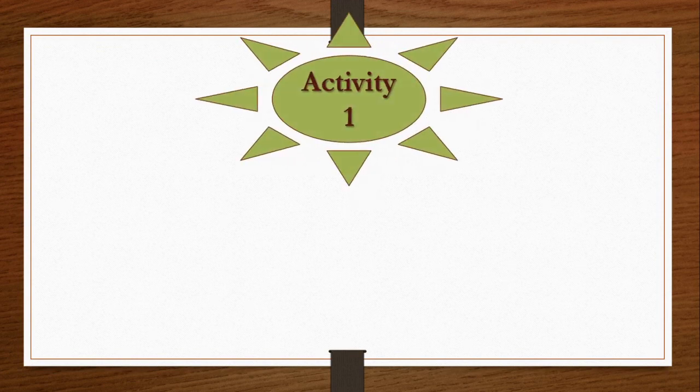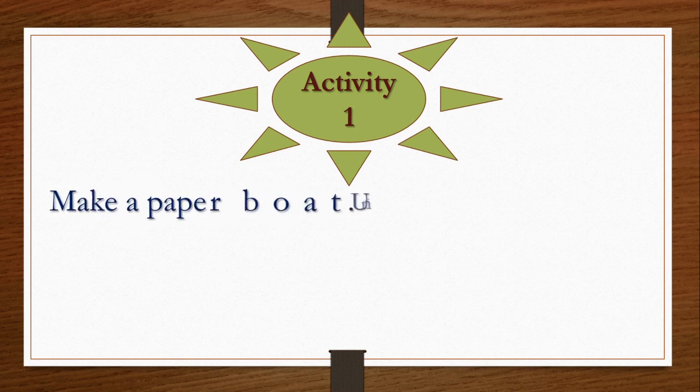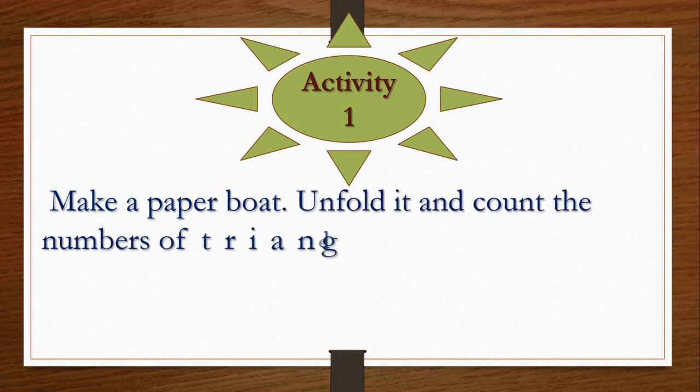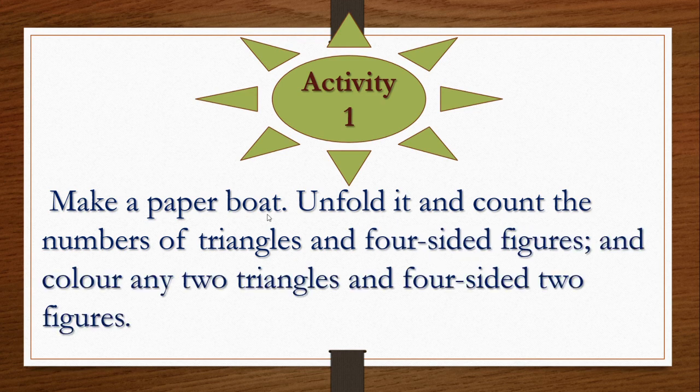Here, some activity we are going to do now. Activity number 1. See here what to do. Make a paper boat. You know how to make the paper boat, right? By using paper, we make boat. Right? Unfold it means open it.